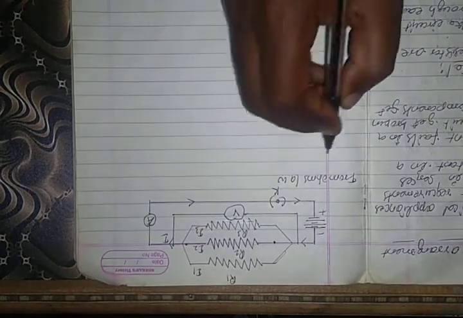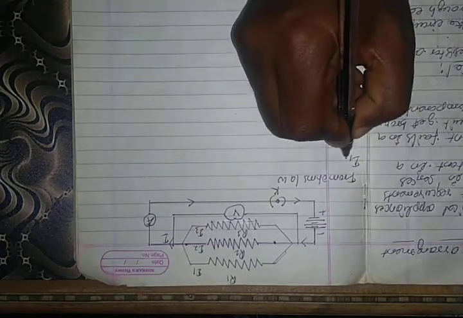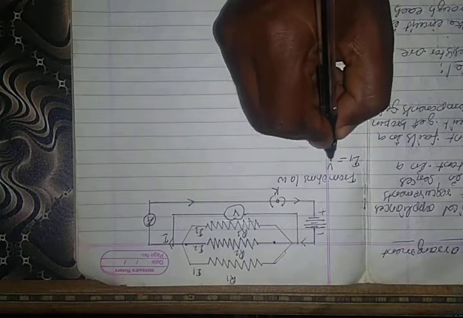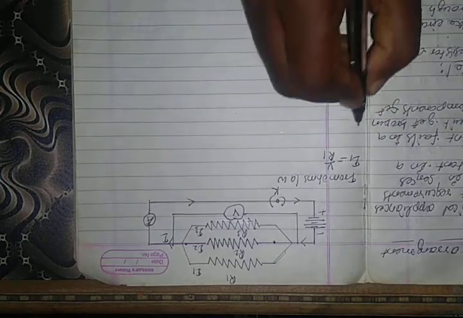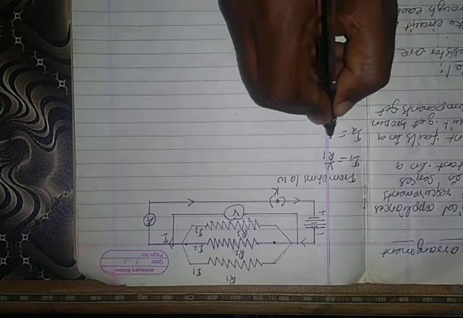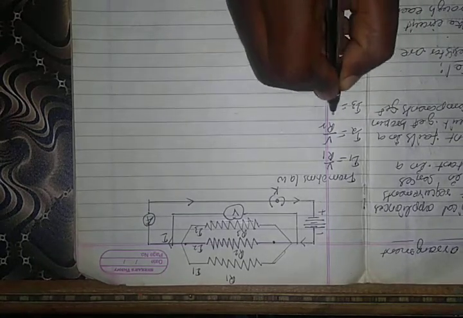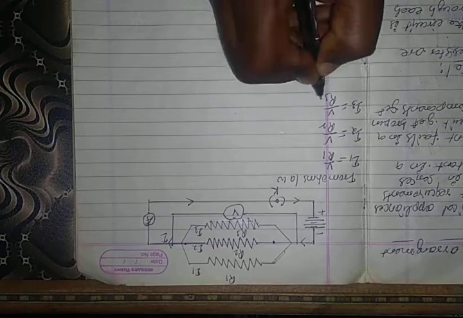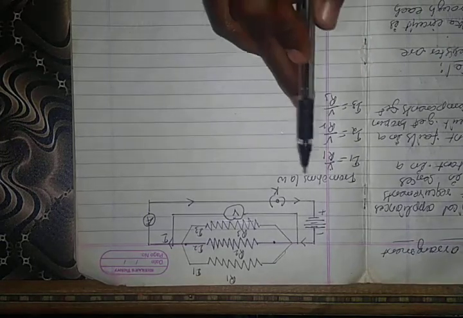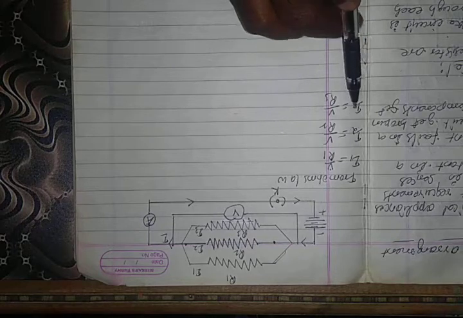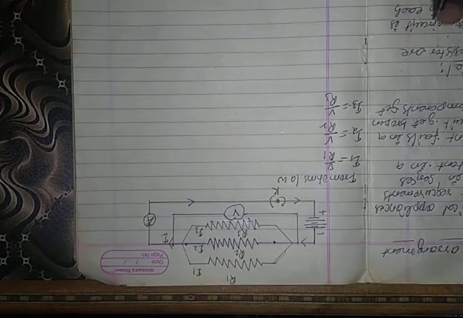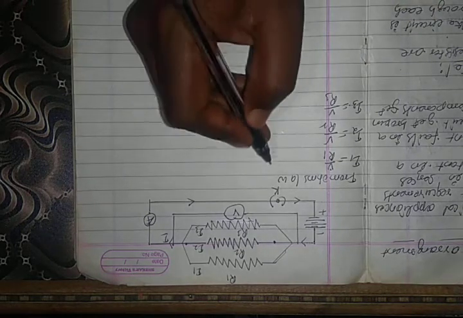I1 is equal to V divided by R1, I2 is equal to V divided by R2, and I3 is equal to V divided by R3. Voltage is constant, but I1, I2, I3 are different.